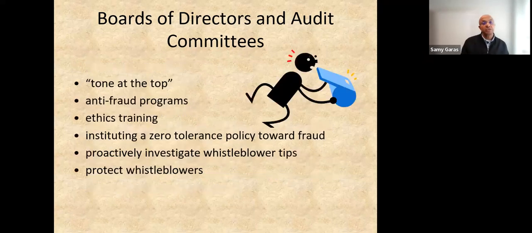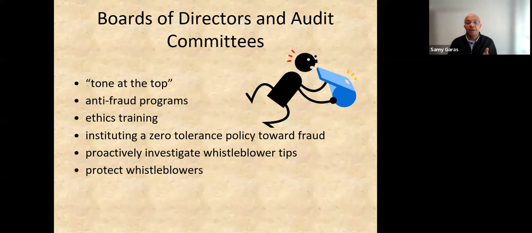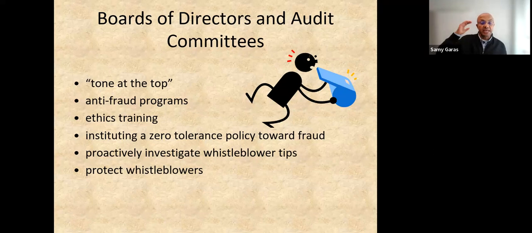The board of directors should walk the talk, as they say. So the board of directors themselves should not commit any fraud. And this is what we mean by tone at the top. They set the model example before the management and the employees by walking the talk.